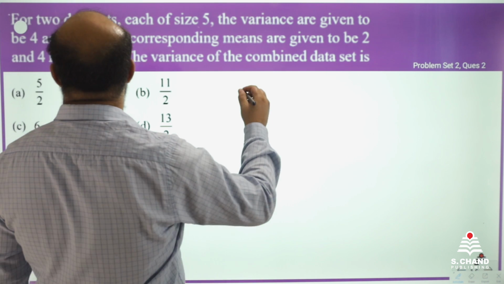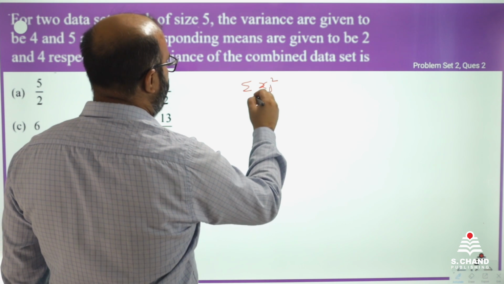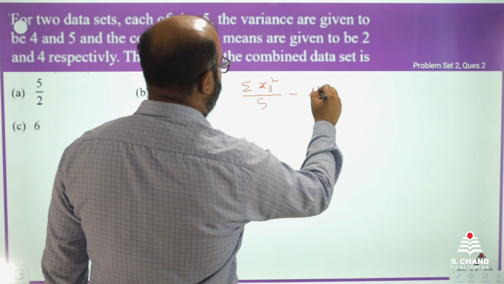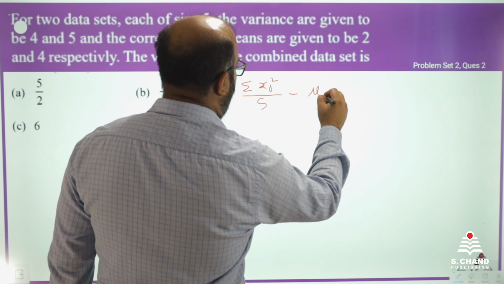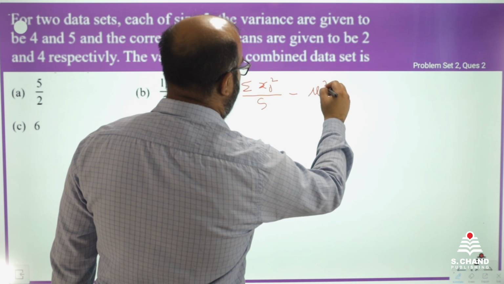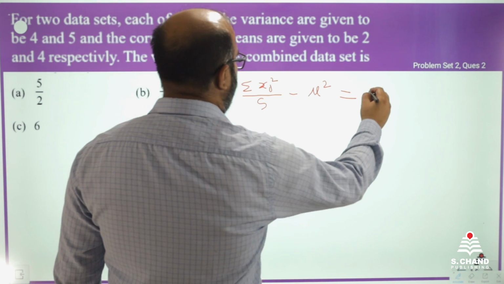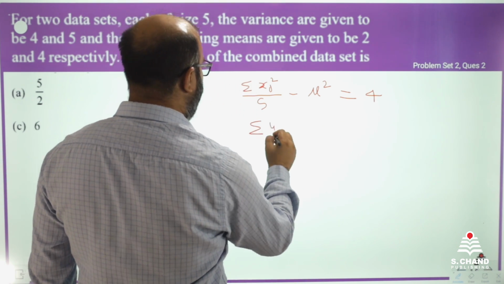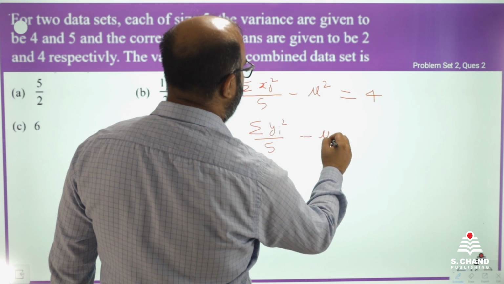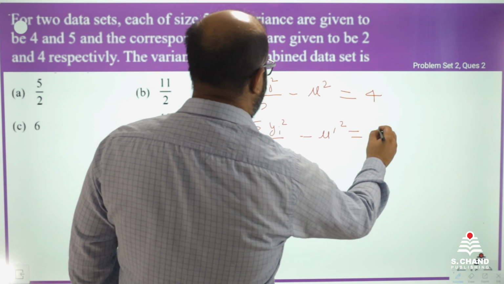So we have sigma of xi square by 5 minus the square of the mean of the first data set is equal to 4, and sigma of yi square by 5 minus the square of the mean of the second one, mu dash square, is equal to 5.